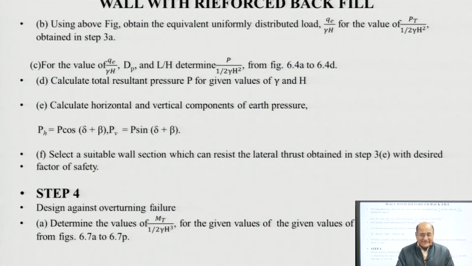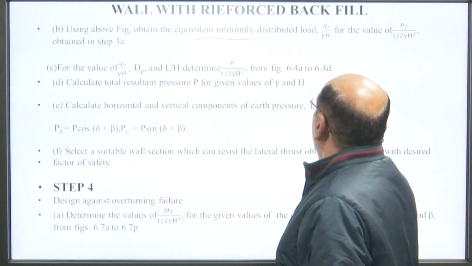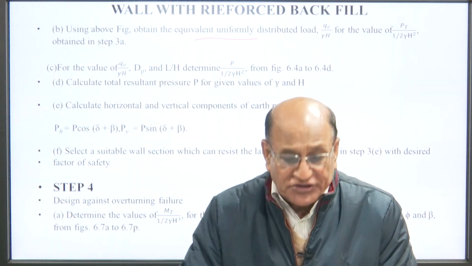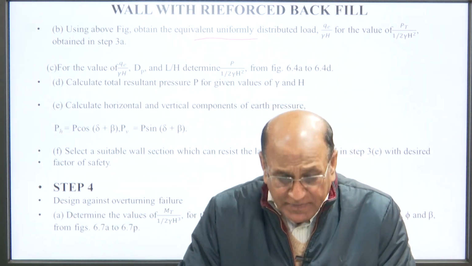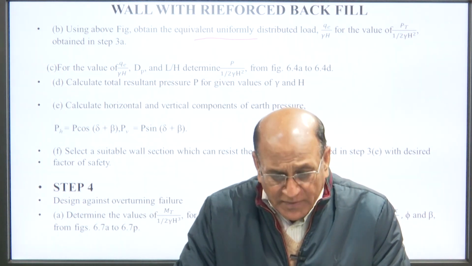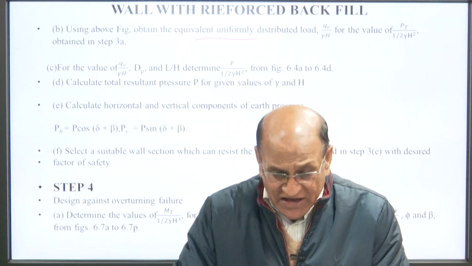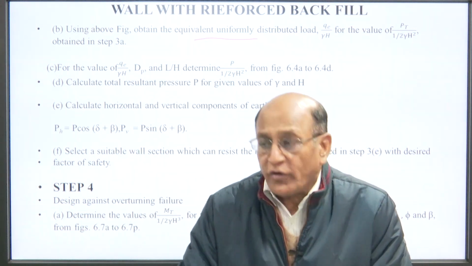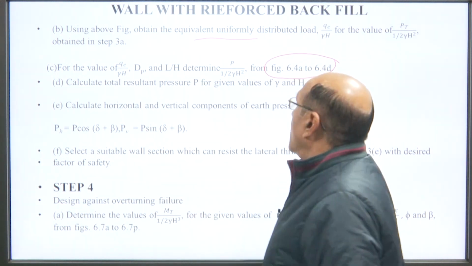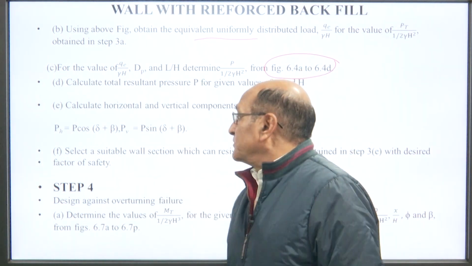The next step, using a figure, often the equivalent uniformly distributed load qe by gamma H, dP and L by H, determine P by 1 by 2 gamma H square from the different charts or figures given in the standard books.